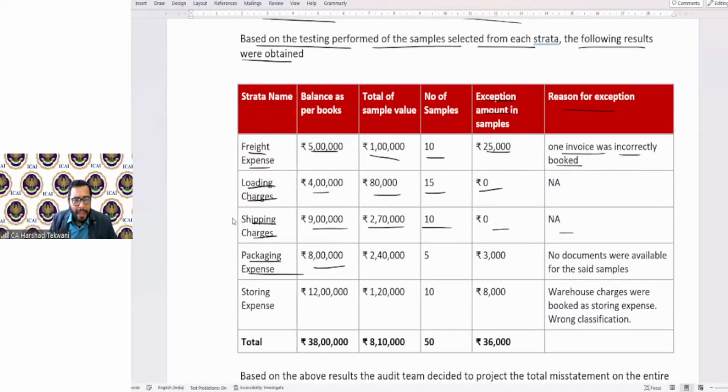Packaging expense, 8 lakh rupees, 240 selected, 5 samples, exception amount 3,000, no documents were available for the same sample. Storing expense, 12 lakh, 1 lakh 20,000, 10 samples selected, deviation was 8,000. Warehouse charges were booked as a storing expense, wrong classification.